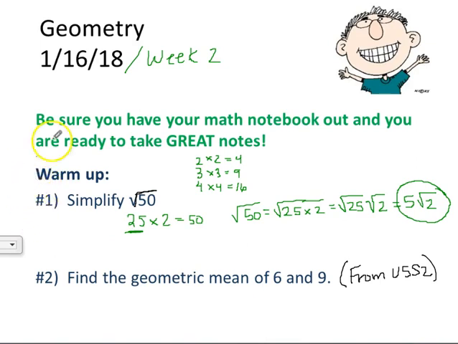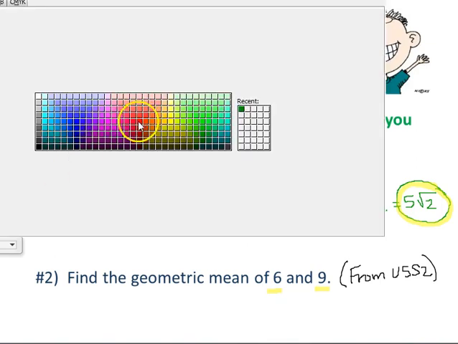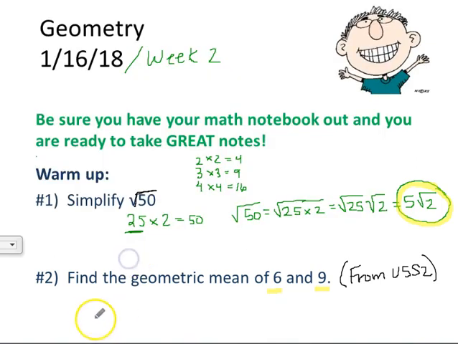All right, so looking on to that second question where we're finding the geometric mean of 6 and 9. So we learned last week that the geometric mean of 2 numbers follows this format.